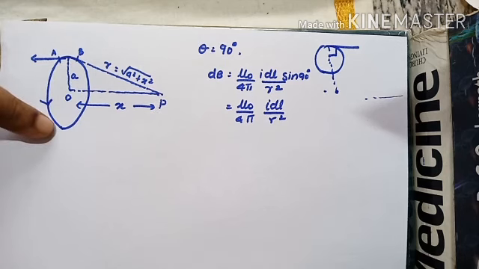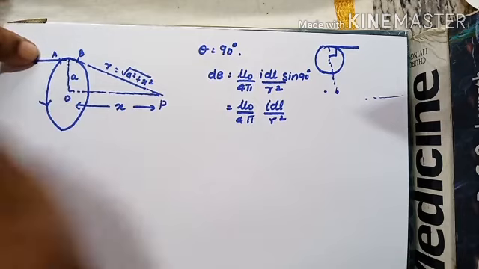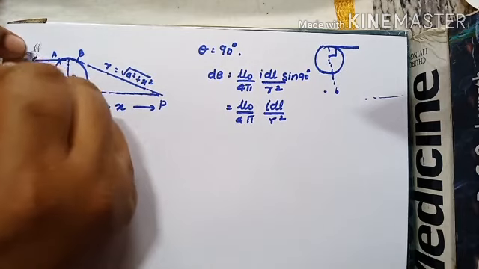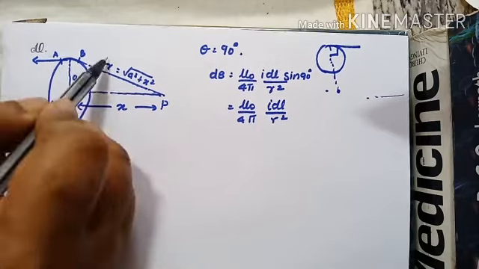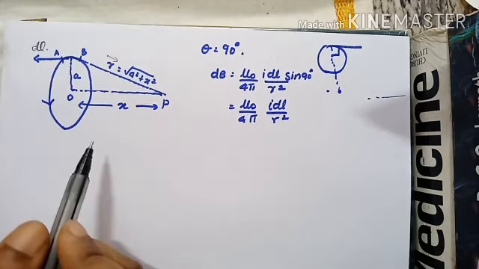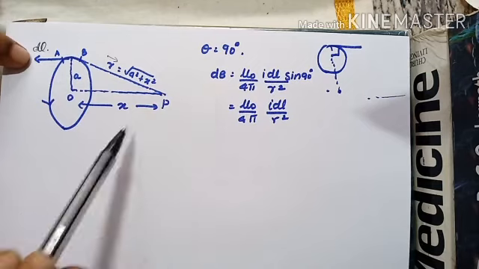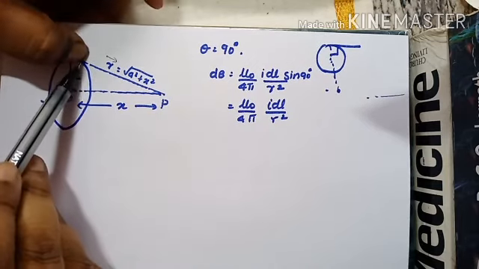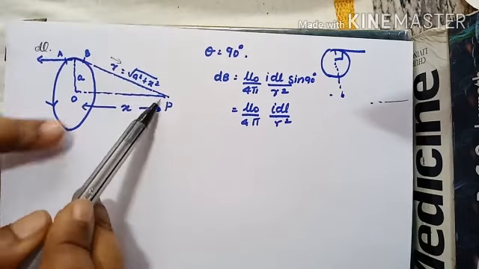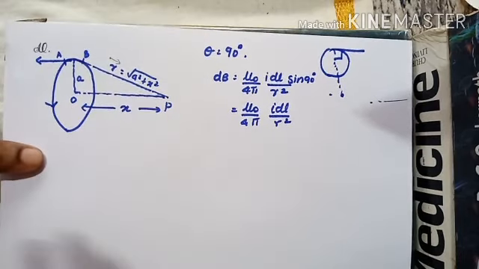Now guys, see, this element dl is in this direction, right? Similarly, this is the r vector, in vector form, because the magnetic field is a vector. This direction dl is perpendicular to r. So in which direction will dB be?